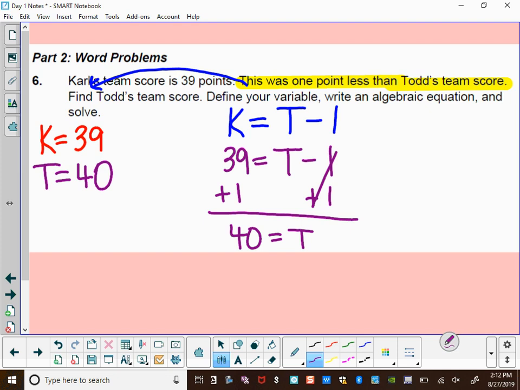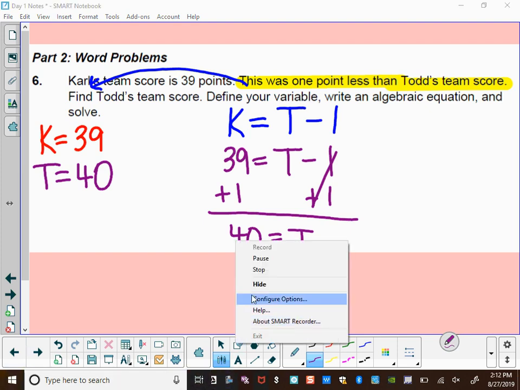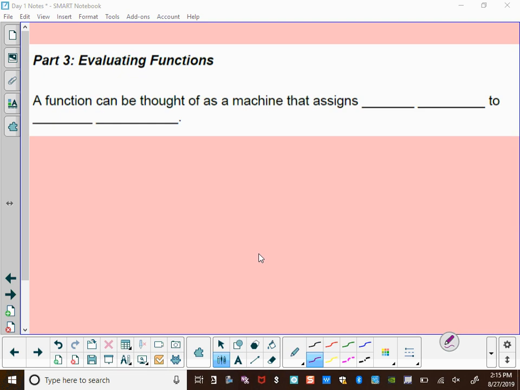All right, so let's take a second and look at number 7. Evaluating functions. All right, a function can be thought of as a machine that assigns each input to one output.